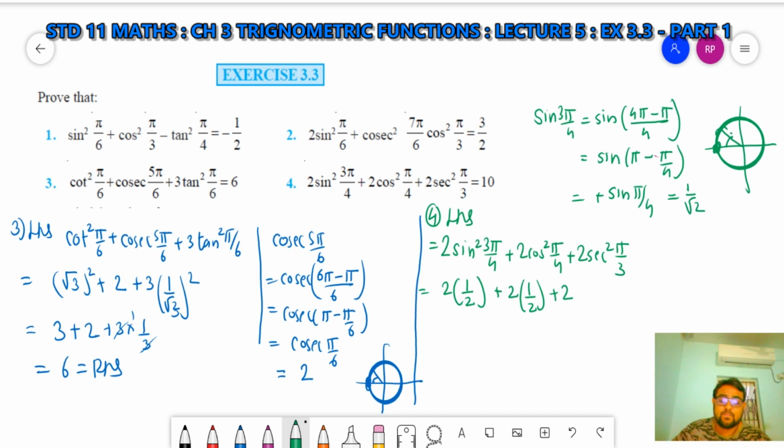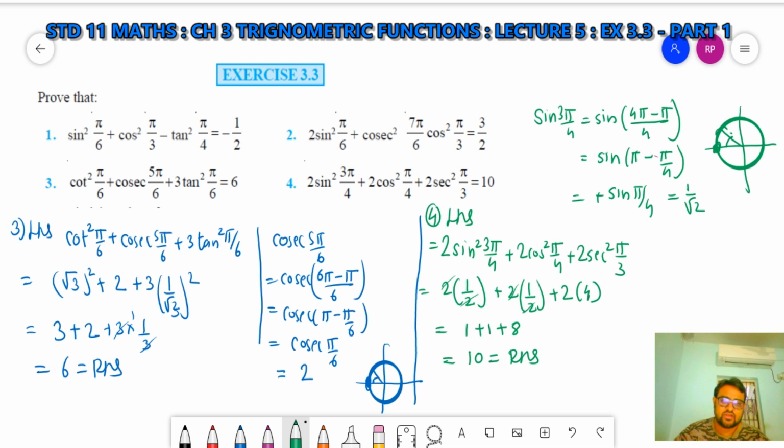Sec pi by 3 is sec 60, and the value of sec 60 is 2, and it's squared, so 2 square is 4. The 2 gets cancelled, the 2 gets cancelled. So 1 plus 1 plus 4 is 6, sorry, this is equal to 10? That is equal to RHS. Clear?